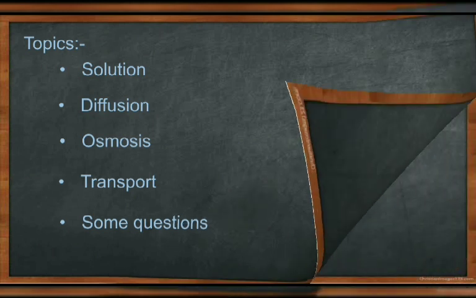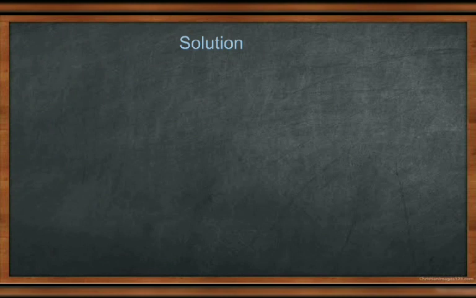So now the first topic, that is solution. First thing, whatever you know about the solution in chemistry, the same thing applies: solute combined with solvent is called solution. Okay, if you want to write this one, this is also a correct definition of the solution. Or the mixture of two substances forming one substance is called a solution.